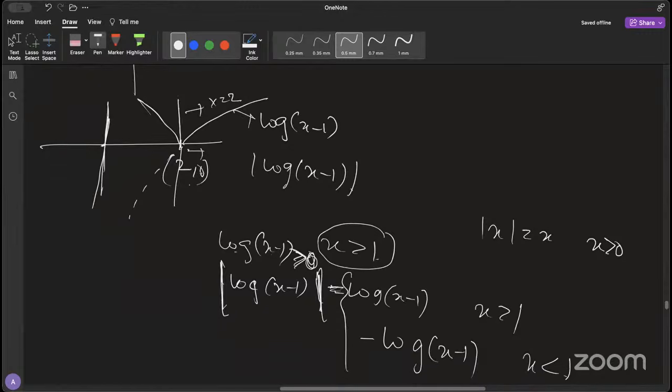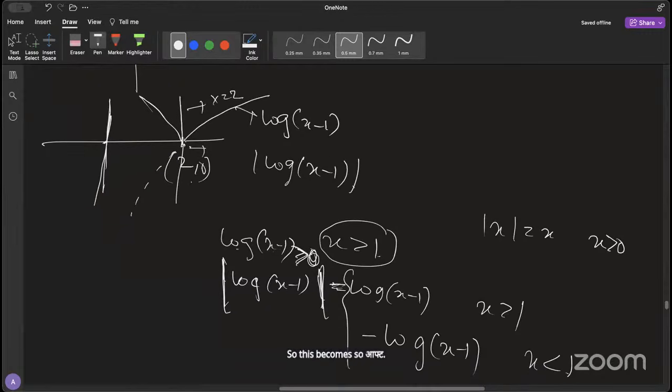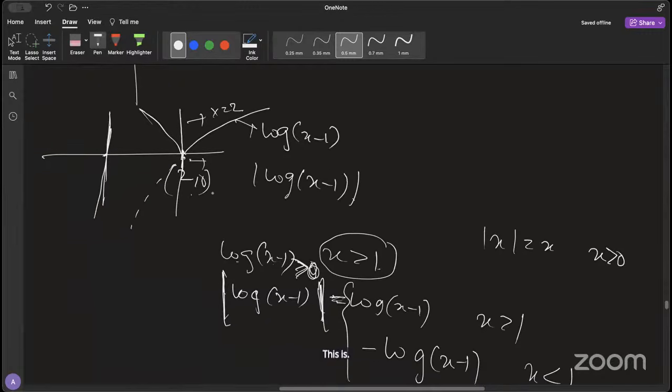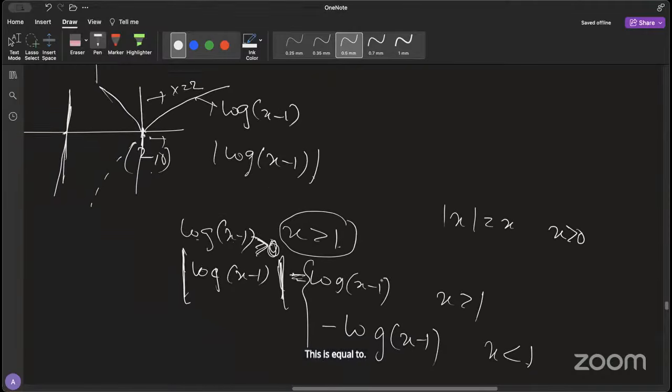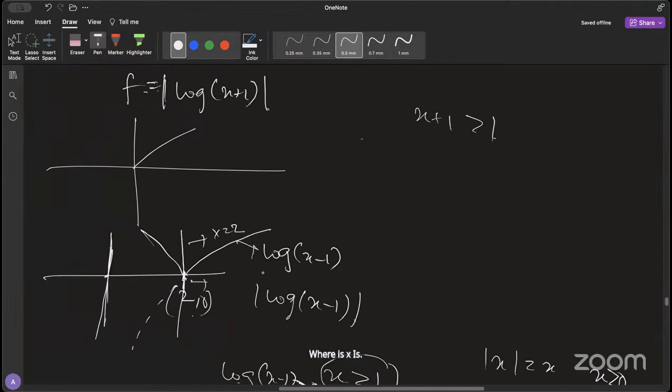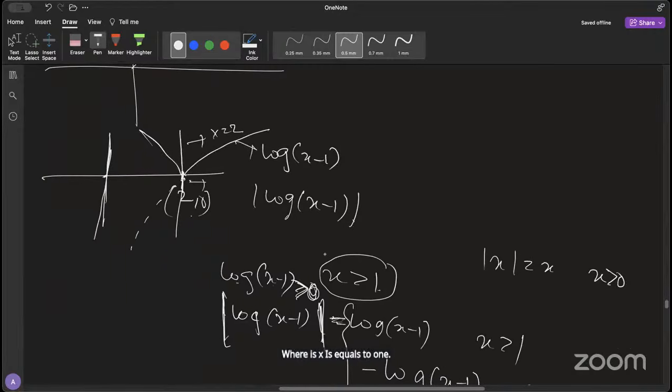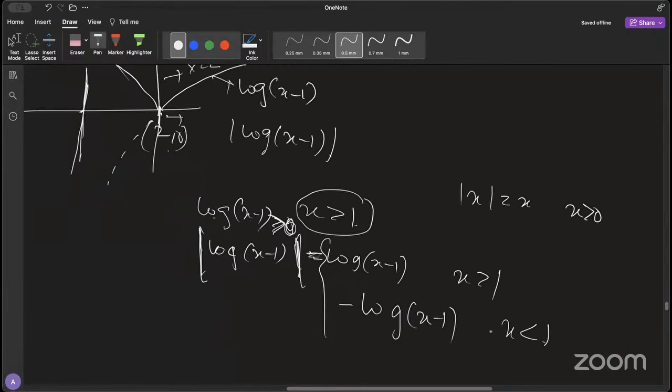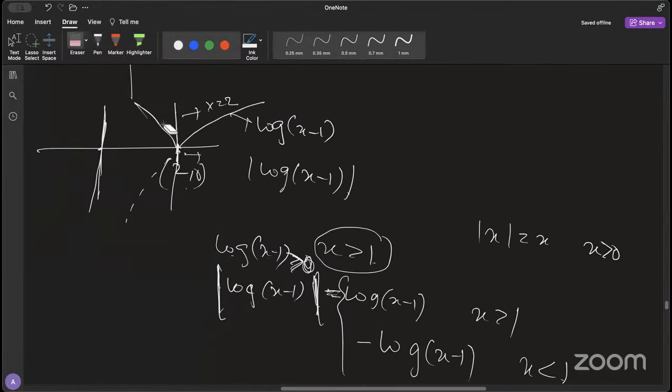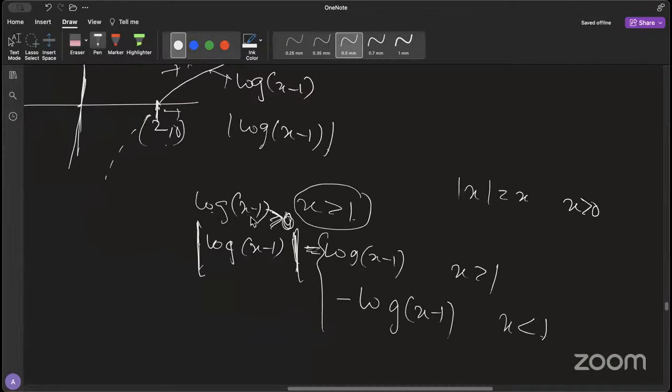So where is x equals 1? You have log of x minus 1. You'll have 2 here. 2 minus 1 is 1, which gives you 0.